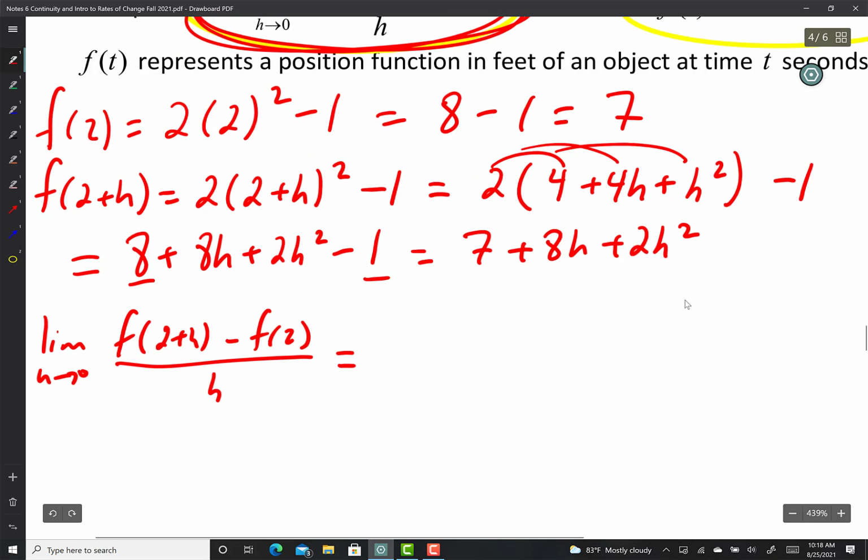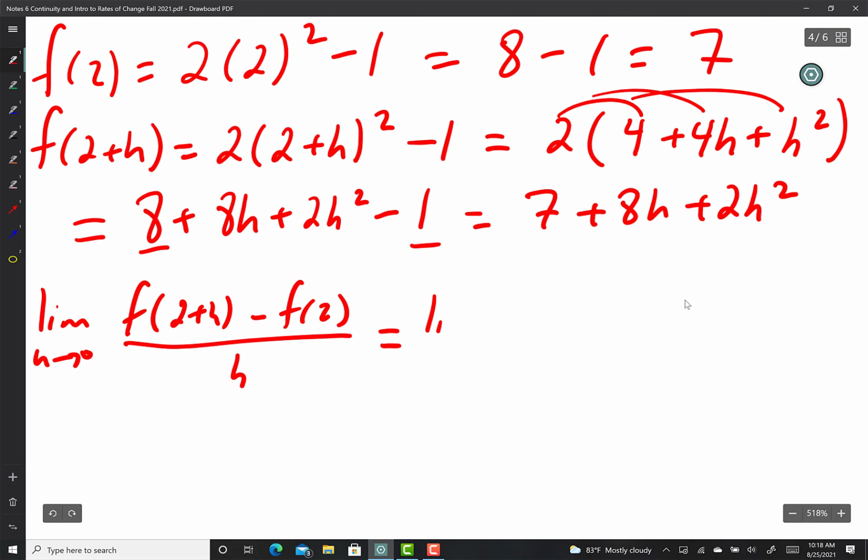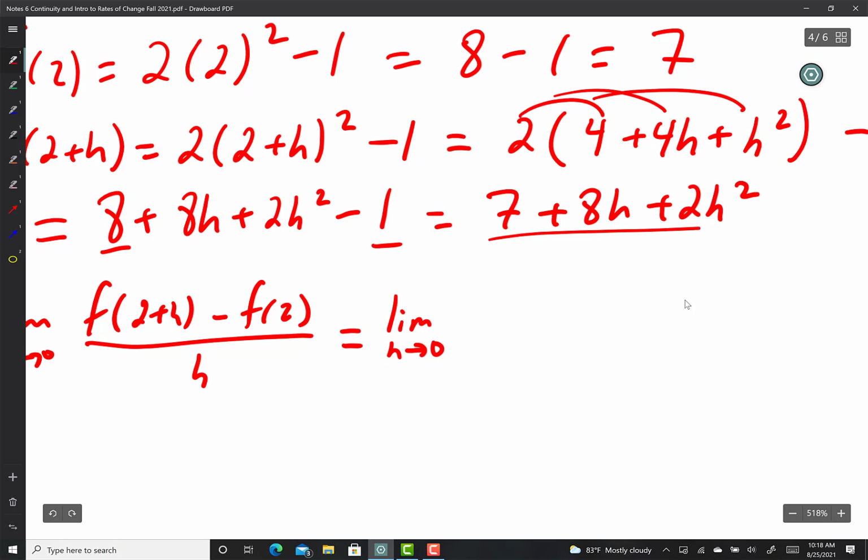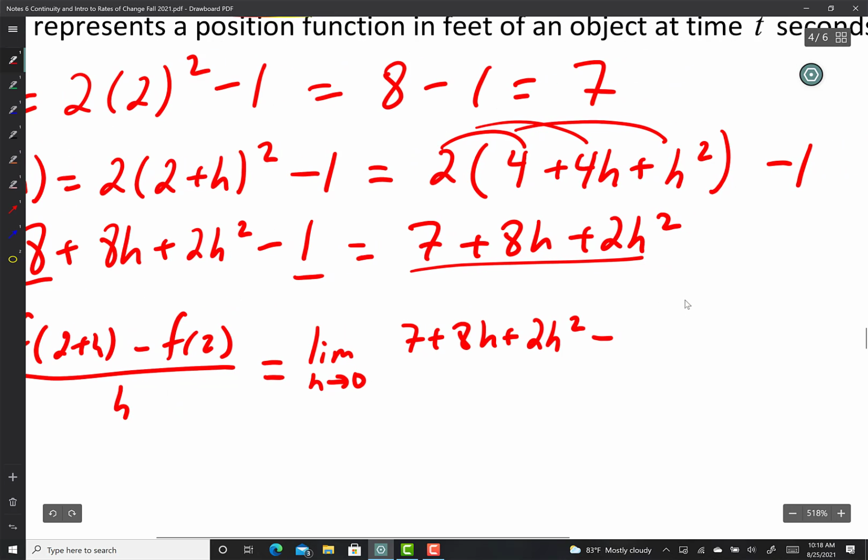And then since I'm evaluating the limit, I keep the word limit in there. Limit as h approaches 0. And then I write f of 2 plus h, which is this one right here. 7 plus 8h plus 2h squared minus, and then f of 2 was just 7 all over h.